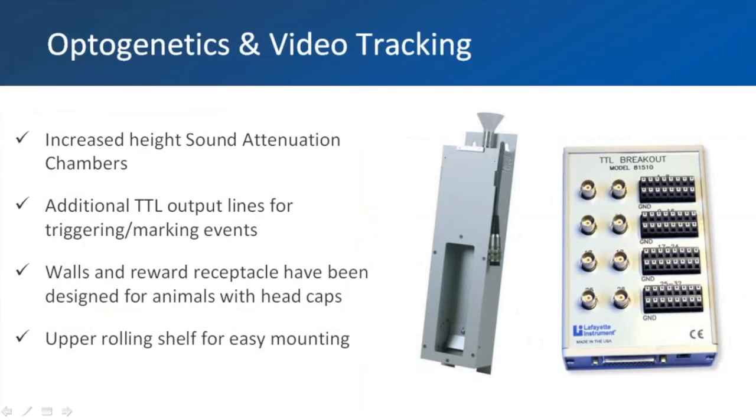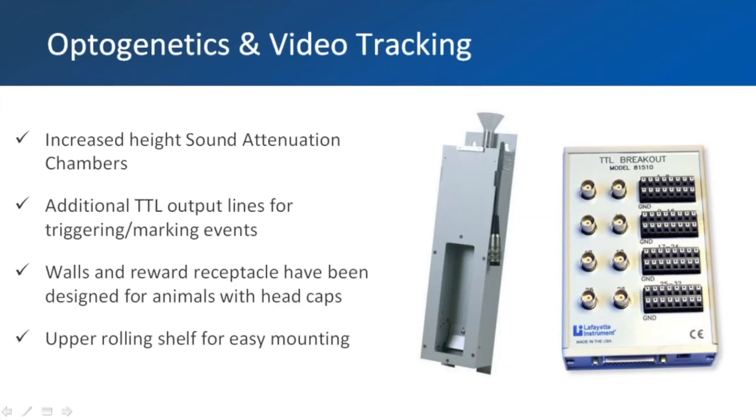For optogenetics and video tracking, we again have some components that make the integration to these other systems a lot easier. Previously mentioned, we have these reward areas with increased height, as the standard reward areas have a much smaller entry. And so for any animals with a head cap, this larger opening is immensely important to be able to get easy access to the reward. And as we always mention, these TTL output trigger lines to trigger a laser or send event markers.